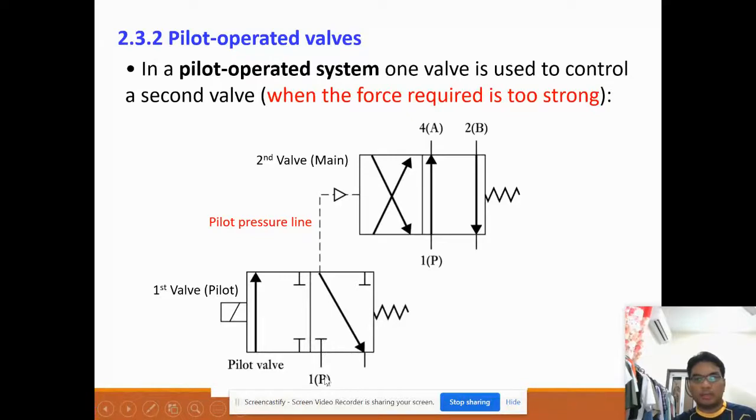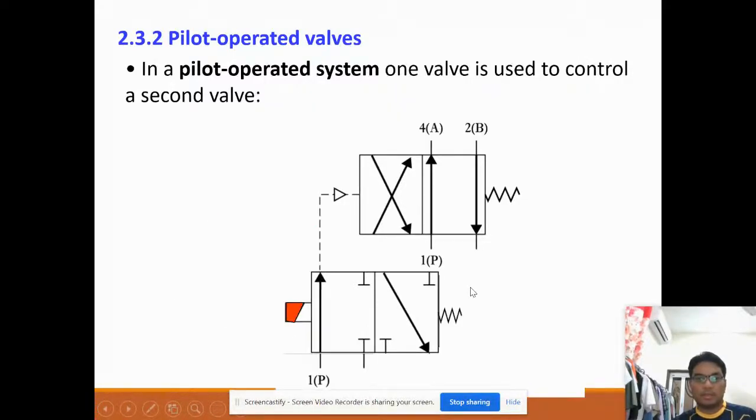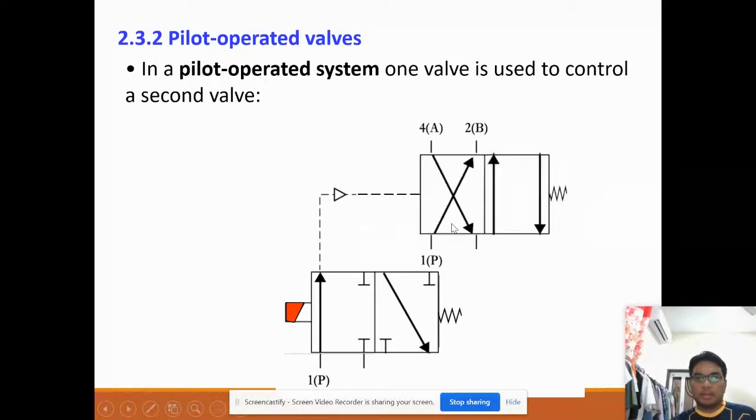Then when it starts to work, the P has airflow directions, using a solenoid and return spring, and it's connected to this dash, the pilot pressure line. After that, the main valve is moved. That's basically the simple animation of how it operates.